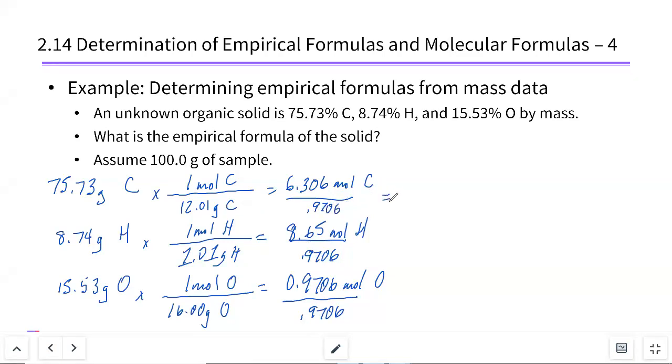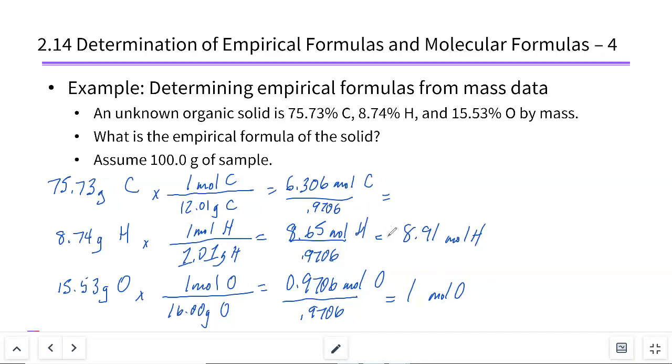We're only taking the number. So for oxygen, we now have a whole number, 1 mole of oxygen. For hydrogen, 8.65 divided by 0.9706, I'm going to get 8.91 moles of hydrogen.